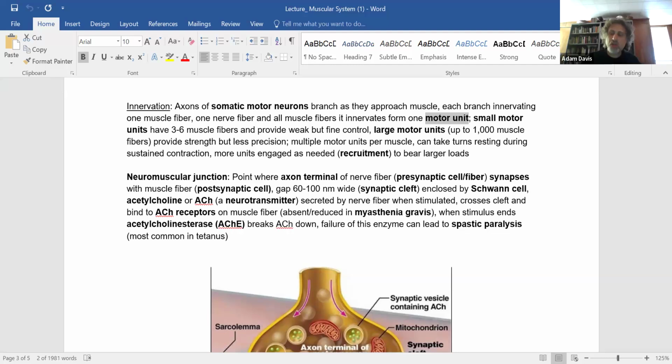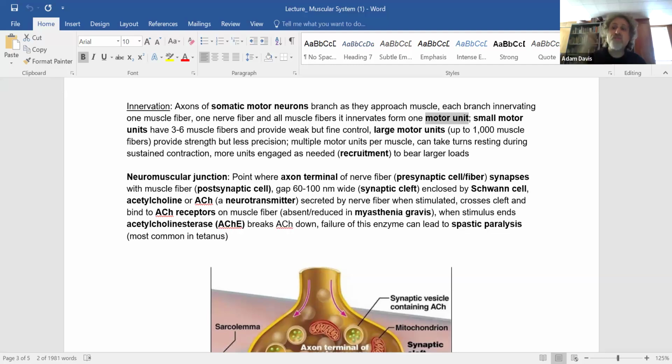Large motor units have a lot more muscle fibers per nerve fiber. Large motor units can get quite big. You might have as many as 1,000 muscle fibers per nerve fiber. When you have that many muscle fibers per nerve fiber, you're generating a lot more power and strength in the contraction. You can engage more of the muscle at once.